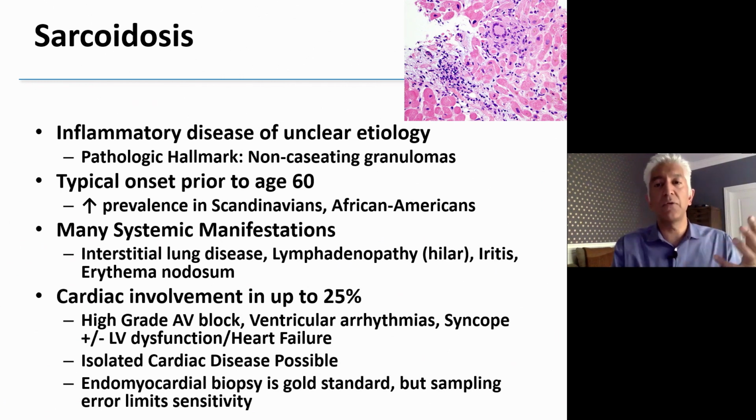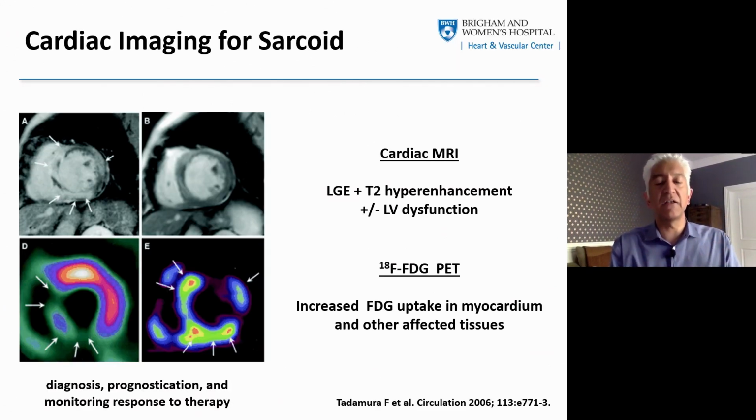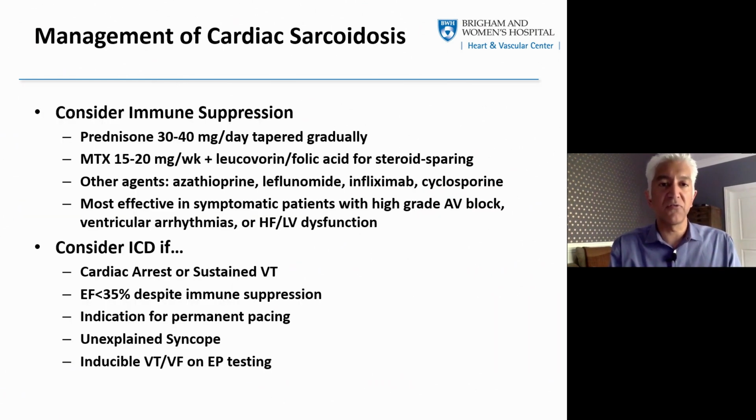The only way to definitively make this diagnosis is through endomyocardial biopsy, but sampling errors challenge that approach to diagnosis because the disease can often be patchy. So often we rely on MRI and PET scanning to help influence our diagnosis. And when there's a lot of scarring in the heart by MRI, a lot of inflammation in the heart by PET scan, in the right clinical scenario, we should suspect sarcoidosis.